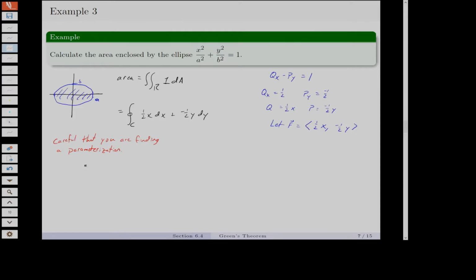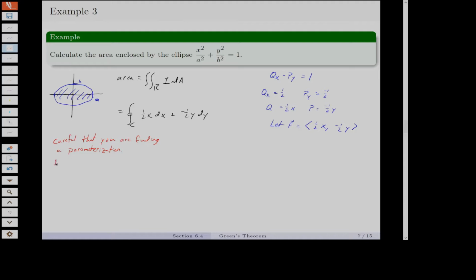Okay, so I think a common mistake that people might make, and most of the mistakes that you're going to make on this sort of thing are going to be on the setup, is to say, well, can I convert everything into polar? And you can, but what we're looking for is a parameterization. So if you convert to polar, make sure you're finding a polar parameterization of the curve.